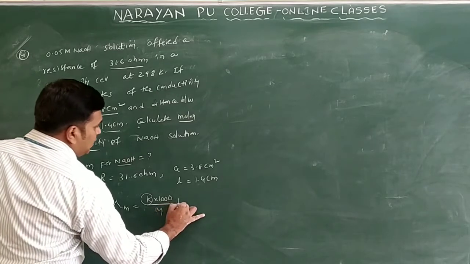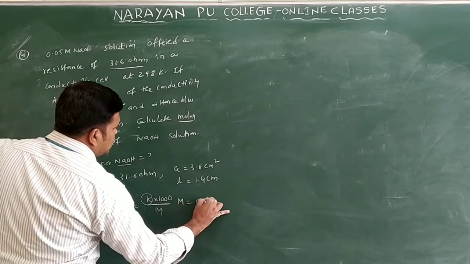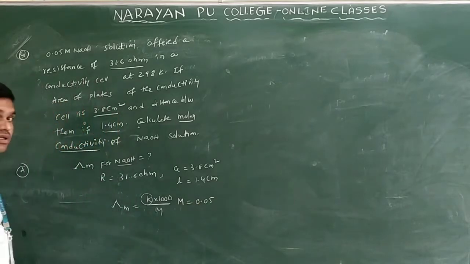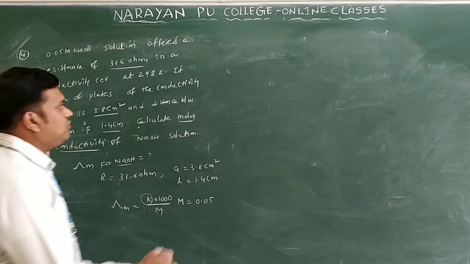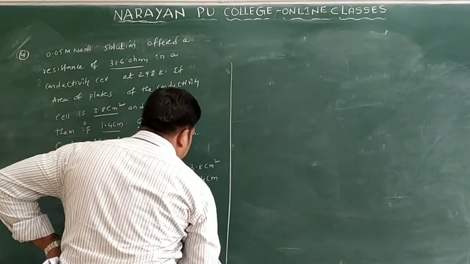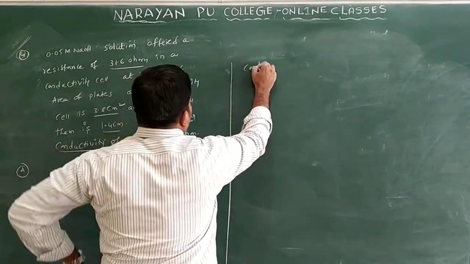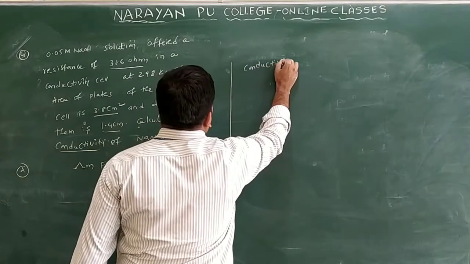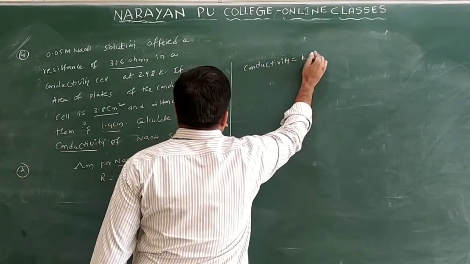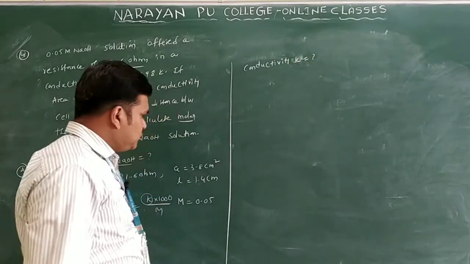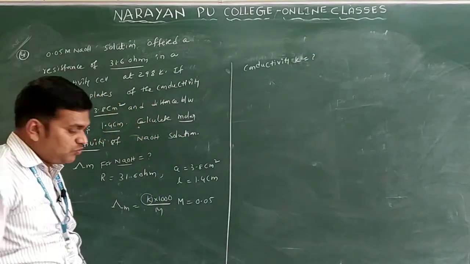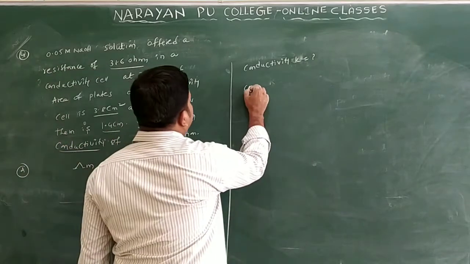The molarity is equal to 0.05. Your work is to find K, the conductivity. That is the question mark only. Here length is given, area is given. From this I want to find out the cell constant.